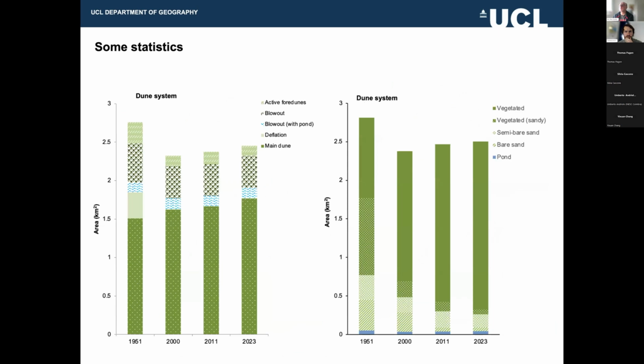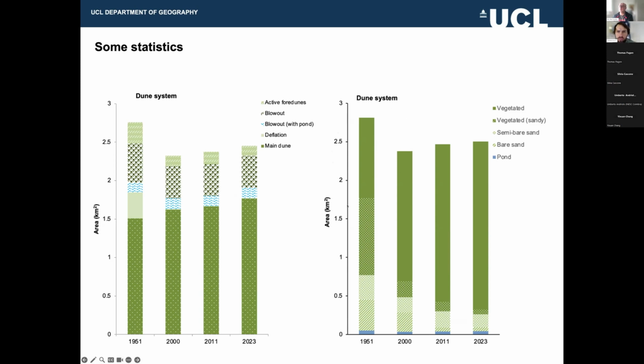So, other statistics. In terms of landform, the deflated surface has been transformed into vegetated dune, and the large area of active fault dune on the south side has been eroded.